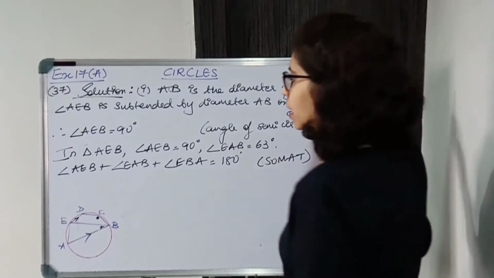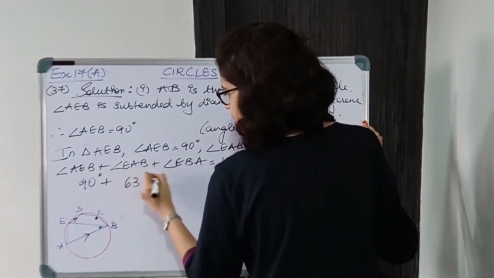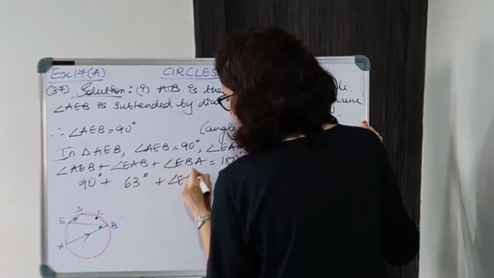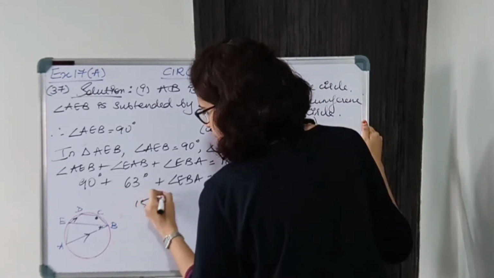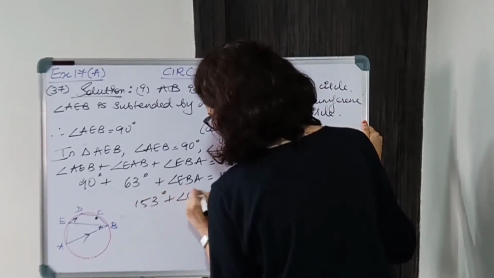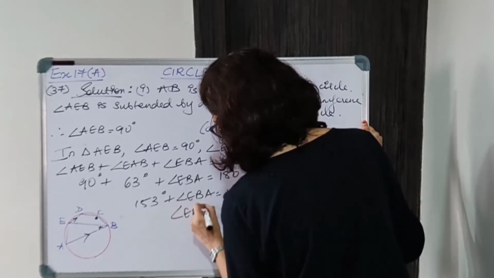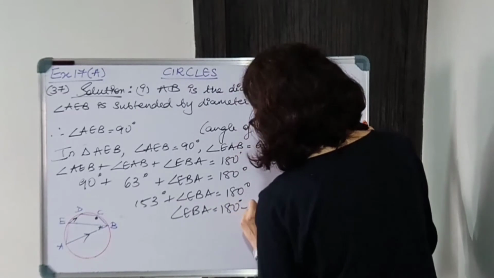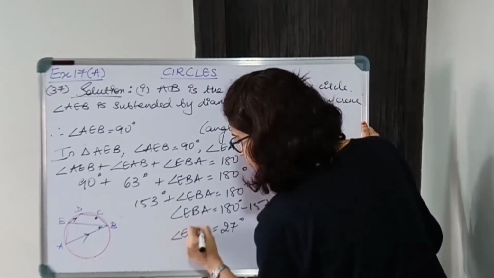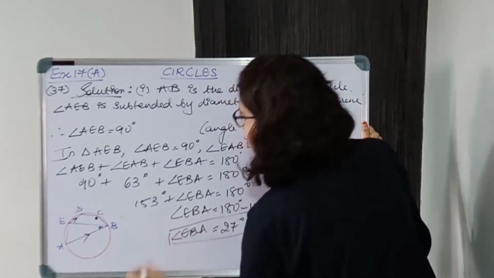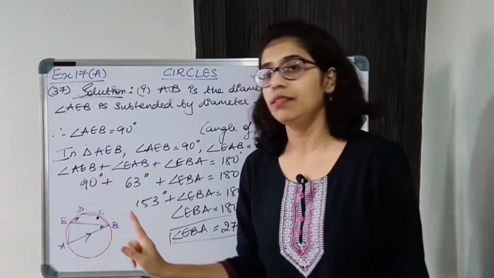Okay, AEB 90 है, this is 63 degrees plus angle EBA, sum is 180 degrees. Adding this 153 हो जाएगा. So we'll shift 153 on the other side, so 180 minus 153, so that gives 27. So angle EBA is 27 degrees. First part मिल गया.